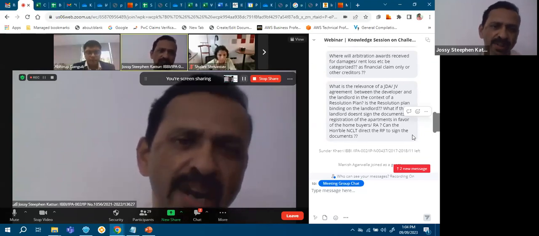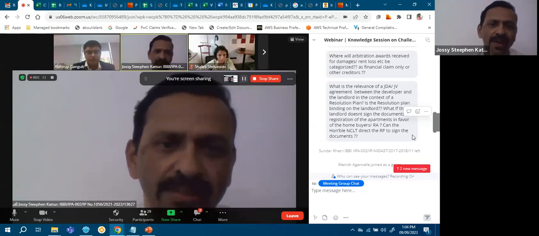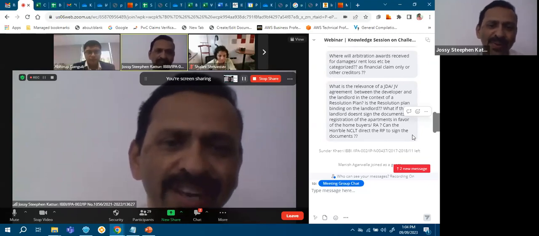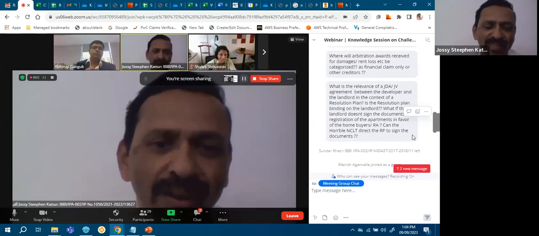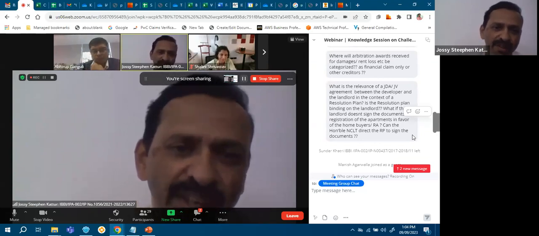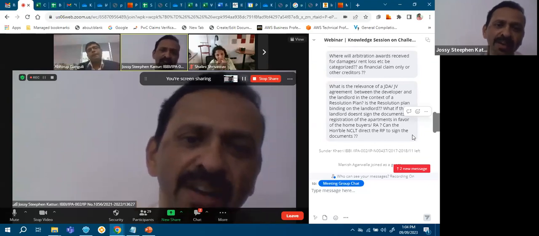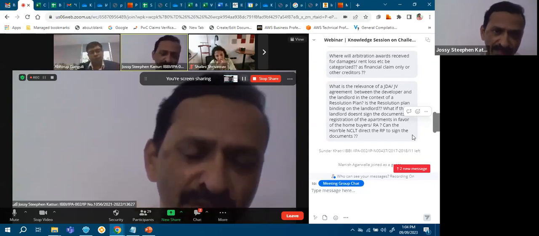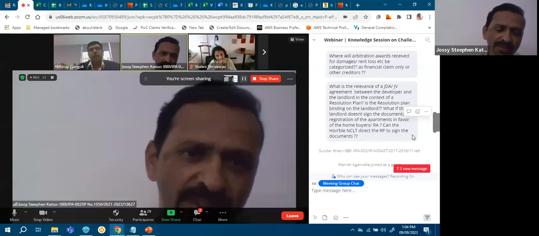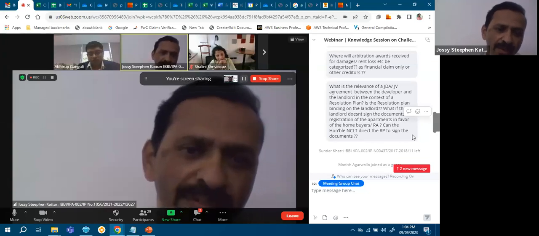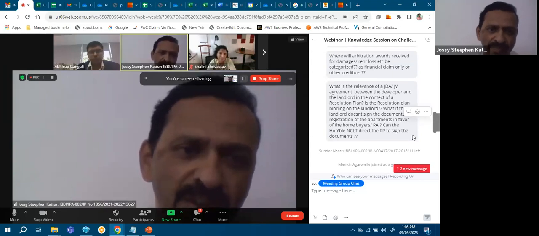This is a theoretical or hypothetical question I am putting. If the landlord is not agreeing to sign off the registration documents, because in the resolution plan there is no consideration for him, in that case, can the RP sign the document by taking an order from NCLT or not?